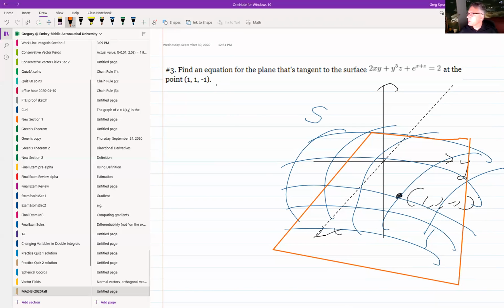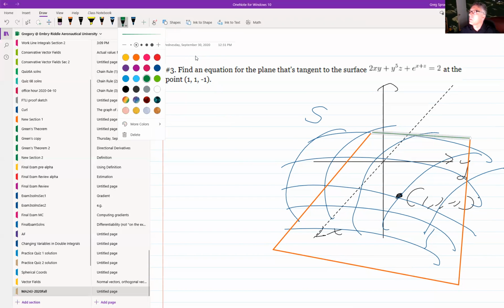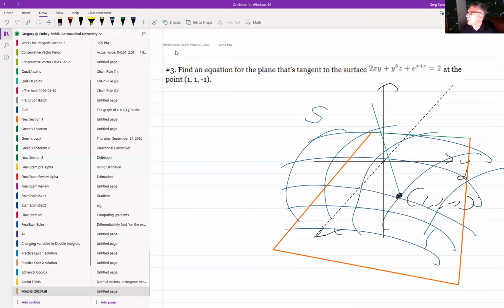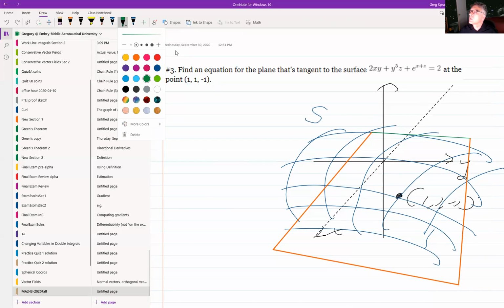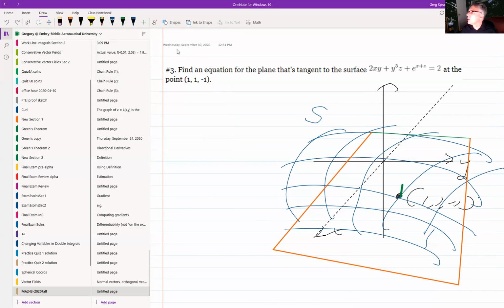And for a plane, we need 2 ingredients, a point on it and a normal vector. We're given the point. We have to find the normal vector. I'll sketch what the normal vector might look like. Too skinny. I'm going to be really creative here and call the normal vector n. Right angle thingy there.